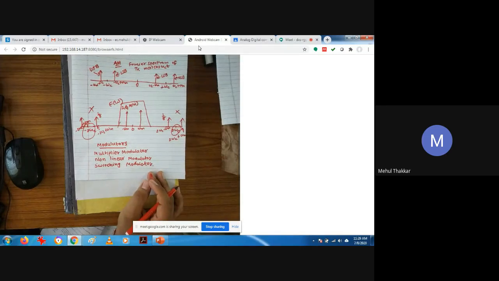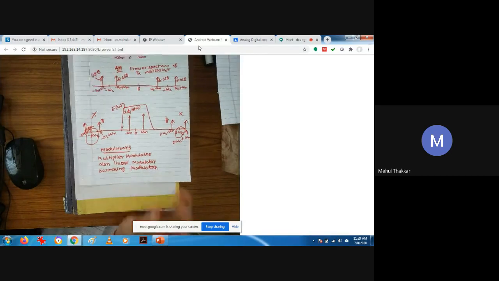After that we have to see the non-linear modulator. That means there will be some non-linear device. So in electronics, which non-linear devices do you know? Tell me, which non-linear devices have you studied in analog electronics?